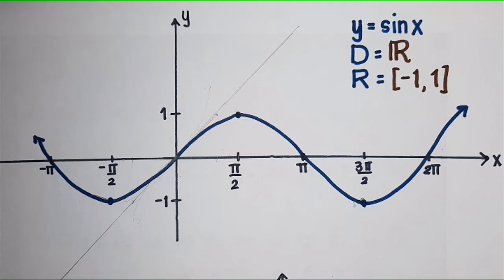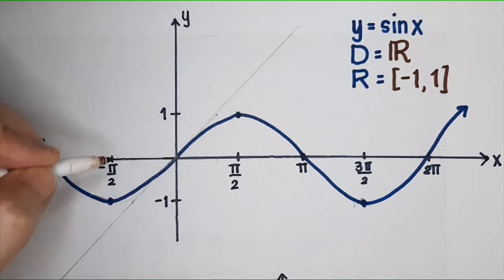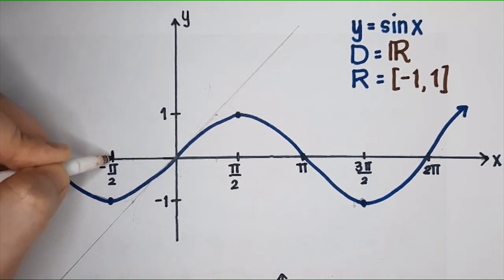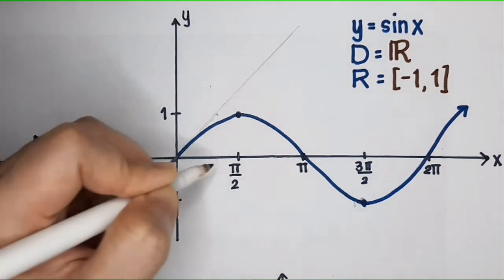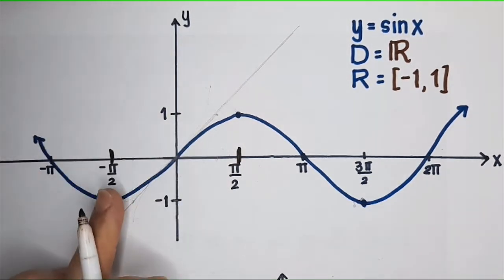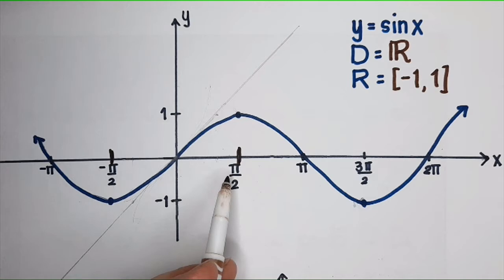We restrict the domain of sine. Okay? So, paano yung pag-restrict? Kailangan, pag nag-restrict tayo ng domain, kailangan yung range, yun pa rin, -1 to 1. Okay? So, ang pipiliin ko as our restricted domain is from here up to here. From -pi/2 to pi/2.